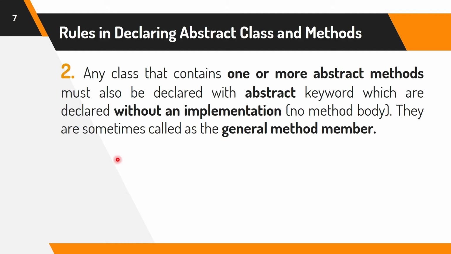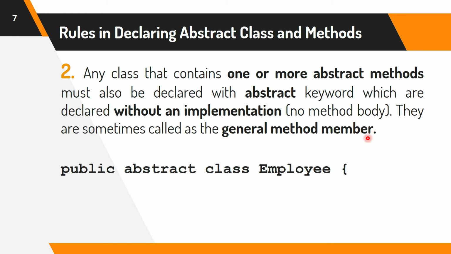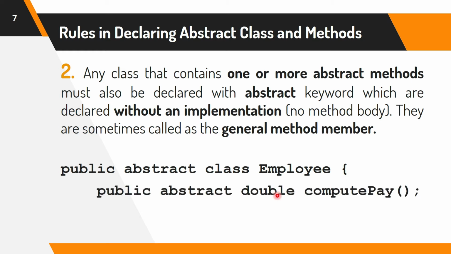Another rule is any class that contains one or more abstract methods must also be declared with the abstract keyword. An abstract method is declared without an implementation, or there is no method body. So we have declared the abstract class, and if we declare a method, we have the access modifier.